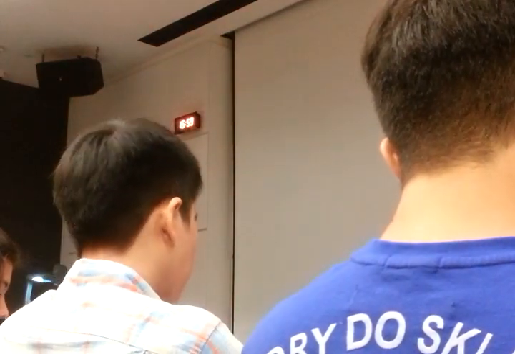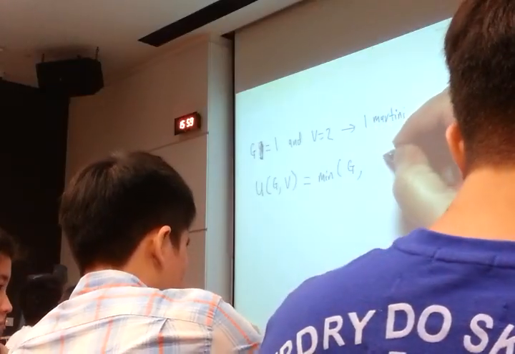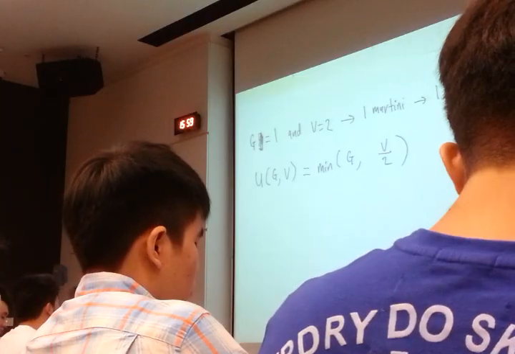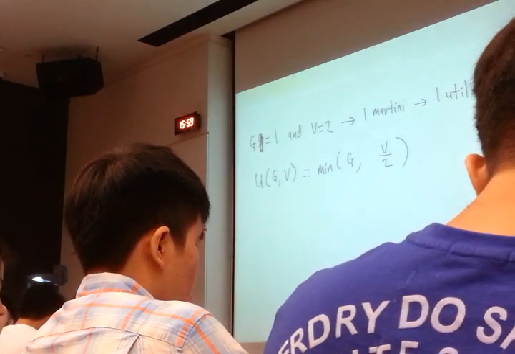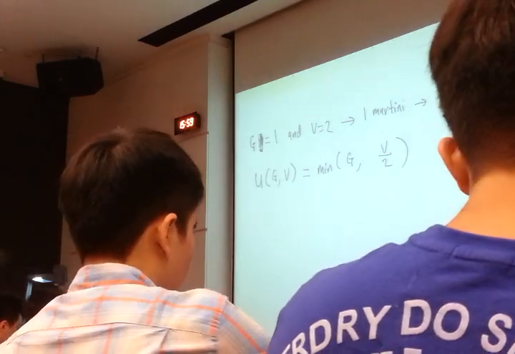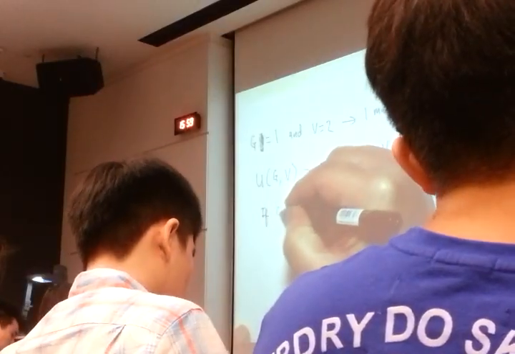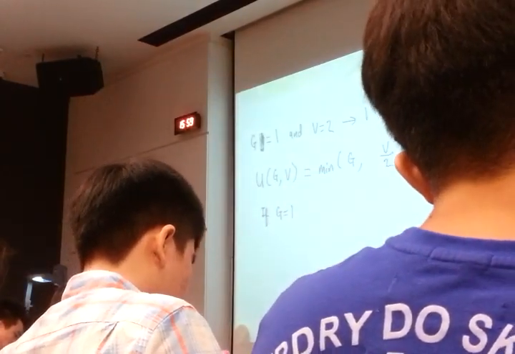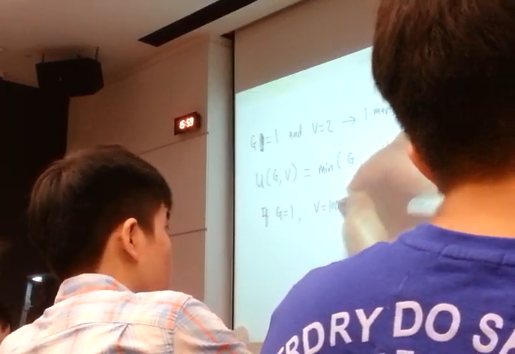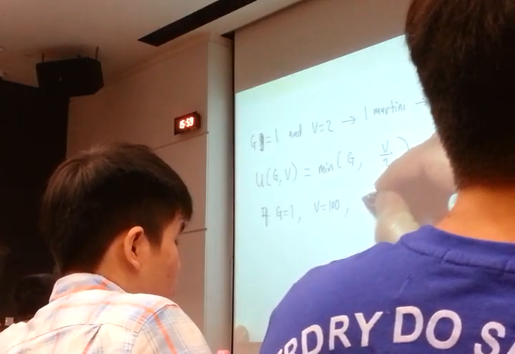So the utility is always based on the minimum of these two utilities. Finish. Now that's obvious. If G equals 1, V equals 100, what's the utility?